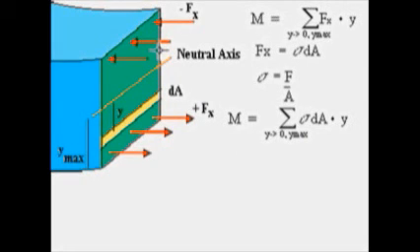We can rewrite this equation again by noting that your horizontal forces and your accompanying stresses increase linearly from 0 at your neutral axis to your maximum value at the outer edge.